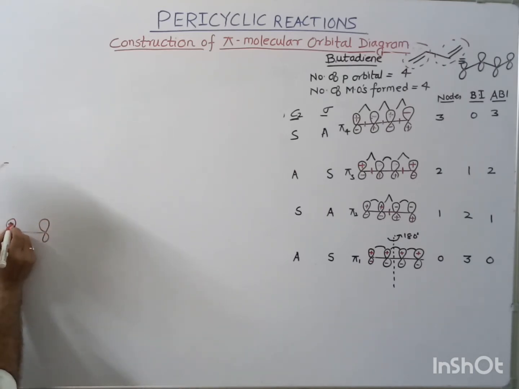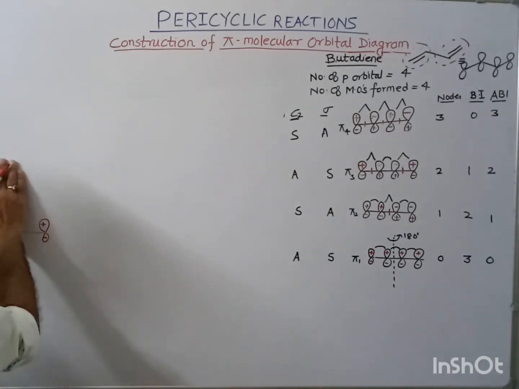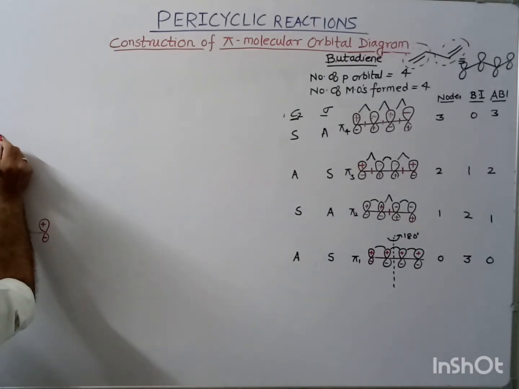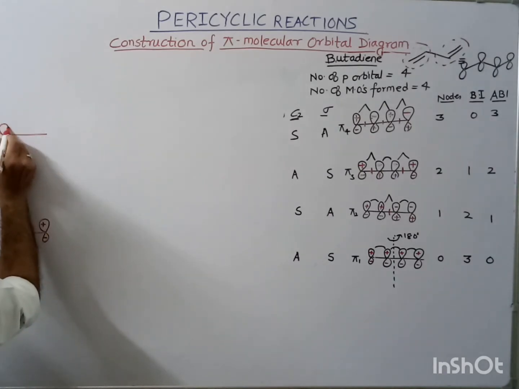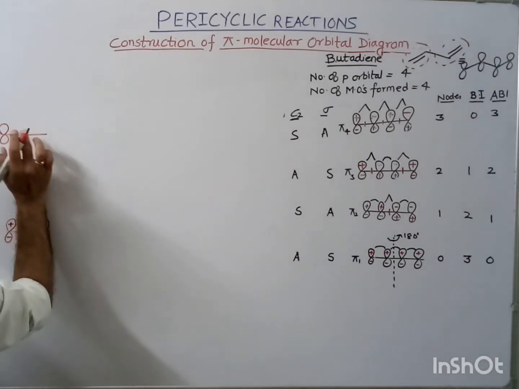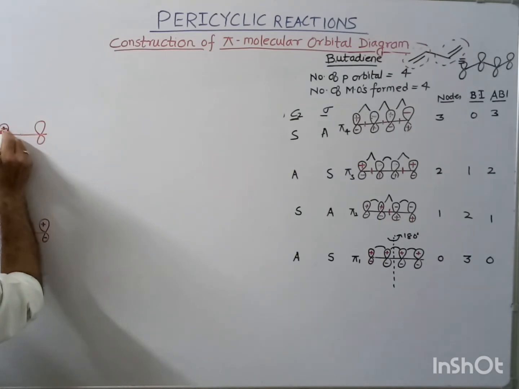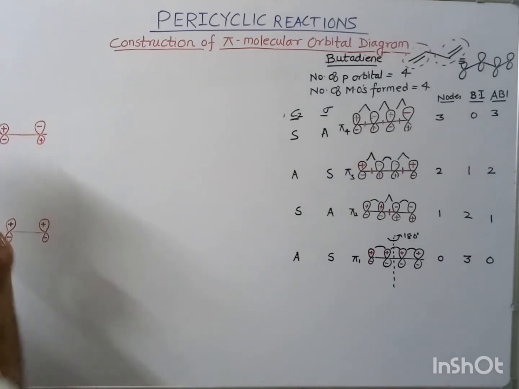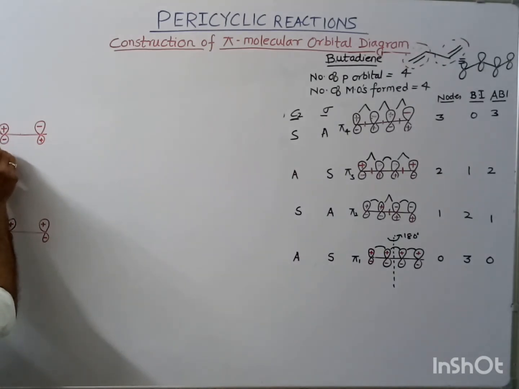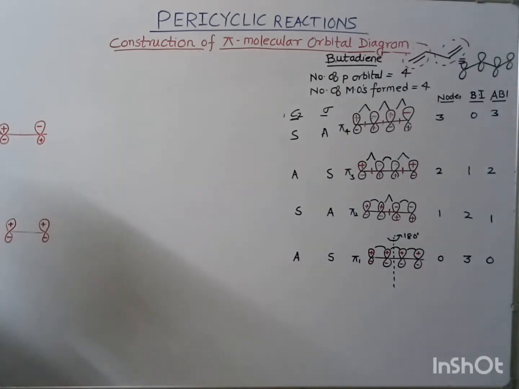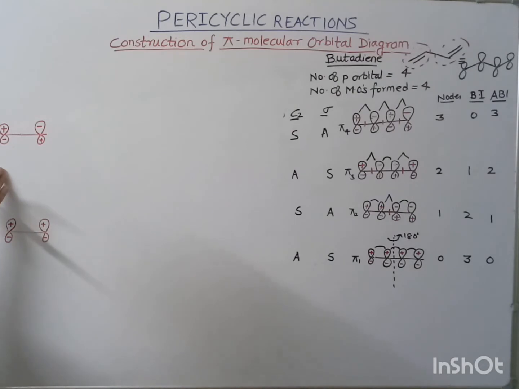Psi1 means plus, plus, minus, minus. And this is the second molecular orbital of ethene. As you know, this is plus and minus, this is minus, this is plus. This is psi1, this is psi2. I have given you the molecular orbital diagram for ethene.